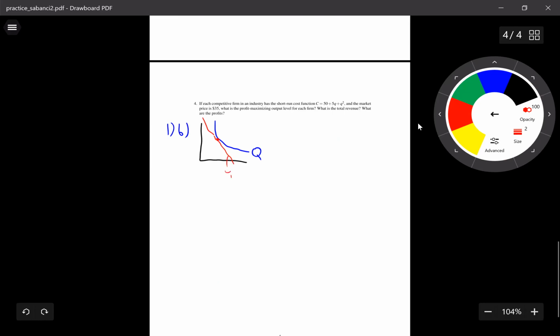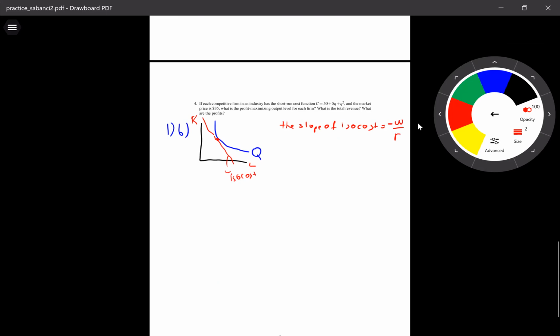This is the isocost. The slope of the isocost will always be constant, and it is minus W over R.